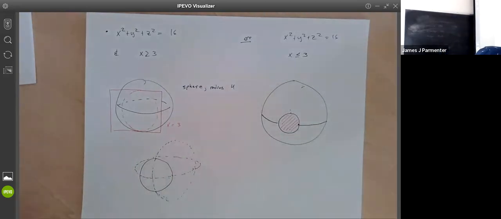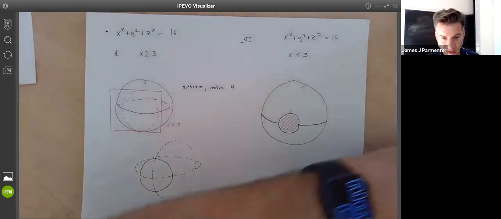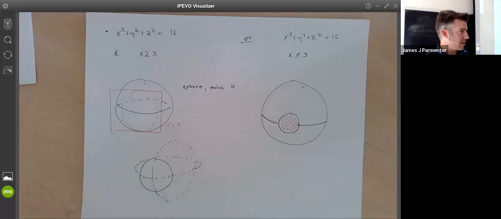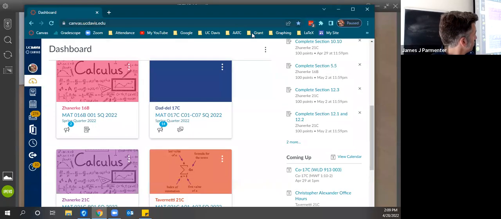What else? A lot of this is kind of just practicing self-discovery. It's something you have to do on your own to get a good idea of what's happening. But I will say, there is definitely a tool you should all be aware of. It's linked in Canvas. I feel like we've looked at it before.